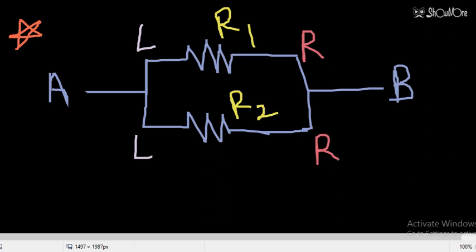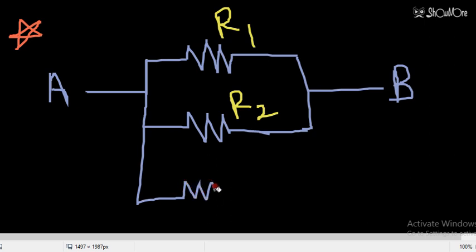Like you can see here, if I put one more resistance here, now this is another resistance, let's suppose its value is R3.